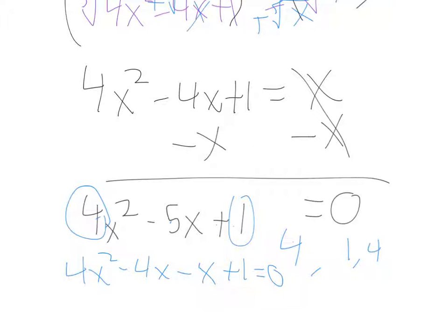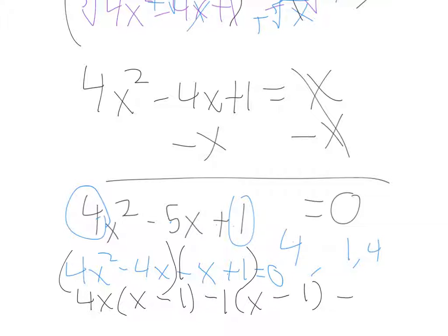So on these first two terms, if we factor out a 4x, instead of 4x squared we're left with x, and instead of negative 4x we're left with minus 1. Now for these last two terms, negative x plus 1, if we factor out a minus 1, instead of negative x we'd have positive x, and instead of positive 1 we'd have negative 1 equals 0.